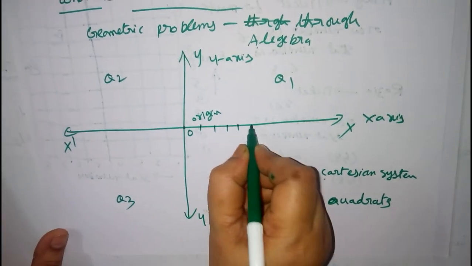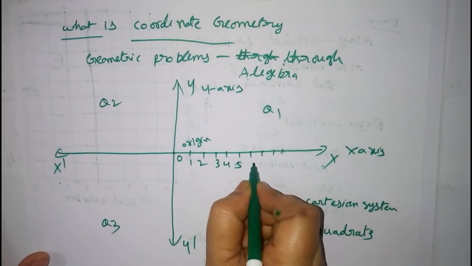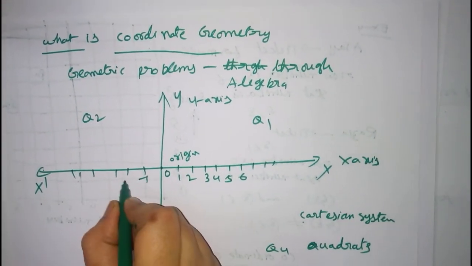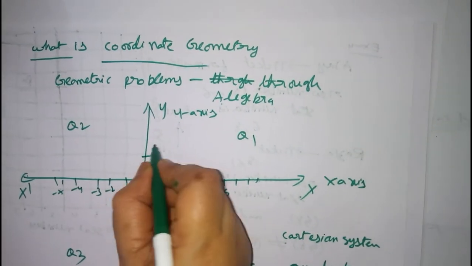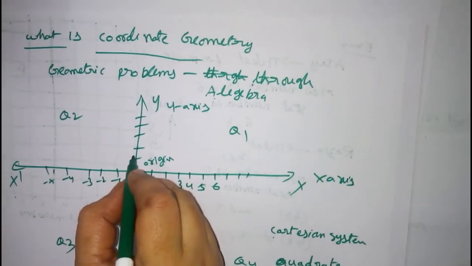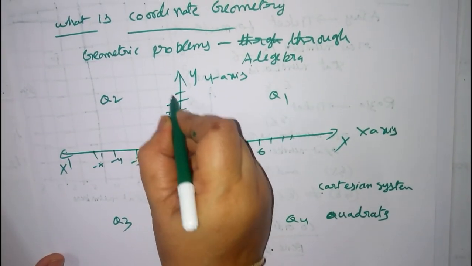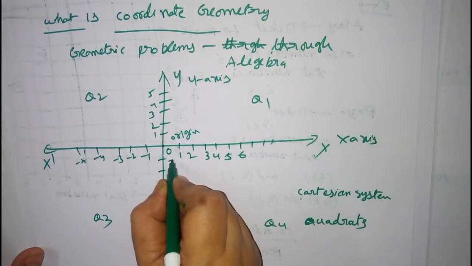On the right side are the positive numbers 1, 2, 3, 4, 5, 6. On the left side, the numbers are negative: -1, -2, -3, -4, -5. On the vertical line, above the origin are positives, and below the origin are negatives.